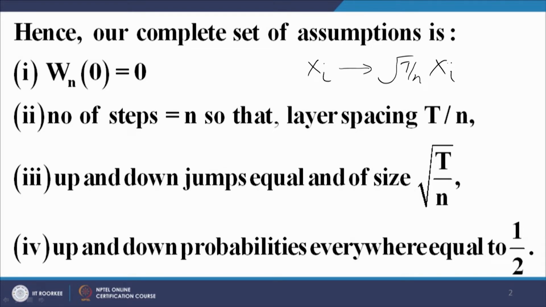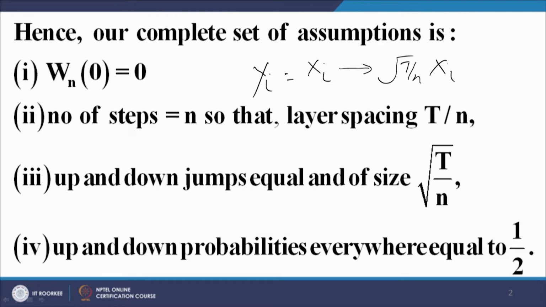And here in this slide I have the complete set of assumptions for this y process. Please note we call it y I. So, this is the y random walk, and it consists of the following assumptions: y n 0 is equal to 0, that is, the process starts at the origin. The number of steps is equal to n, so that the layer spacing or the step size is equal to t upon n.